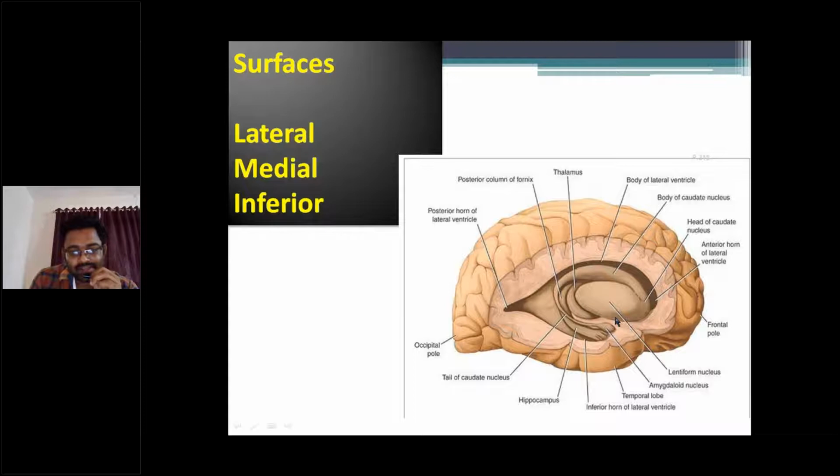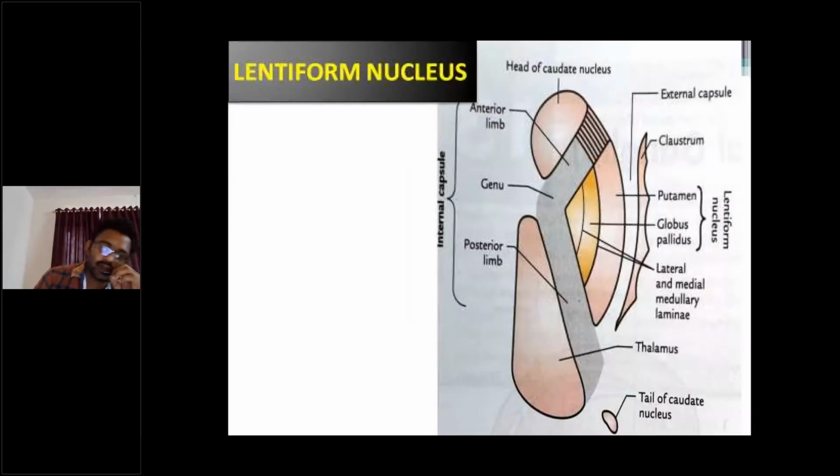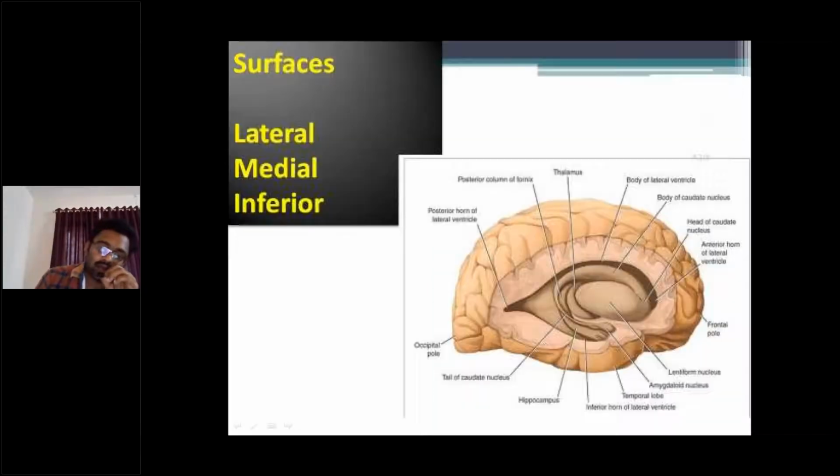This is the inferior surface of the lentiform nucleus. In this picture, this is the medial surface. So the lentiform nucleus has 3 surfaces: lateral, medial, and inferior.